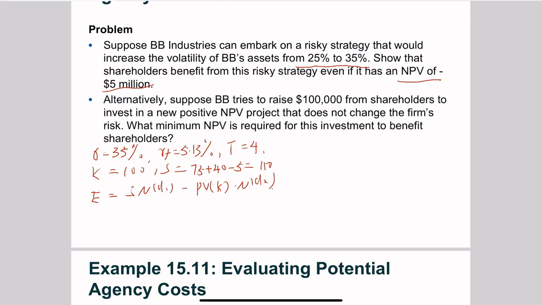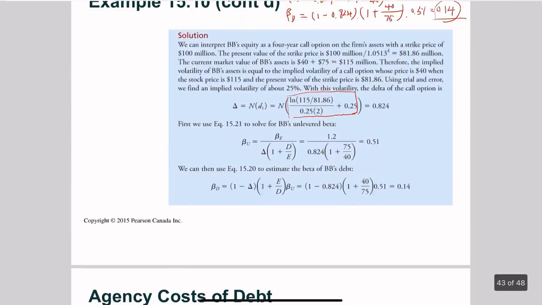So you can see that d1 would be given by the logarithm of S divided by PVK, plus sigma squared T over 2, all divided by sigma root T. And d2 would be, I think it's d1 minus sigma root T. I could be wrong, so let me check what is the formula for d2.